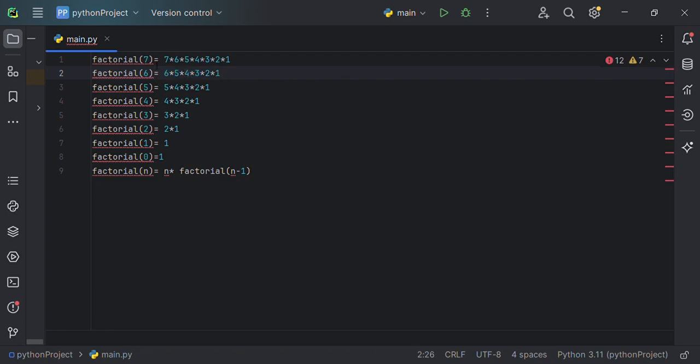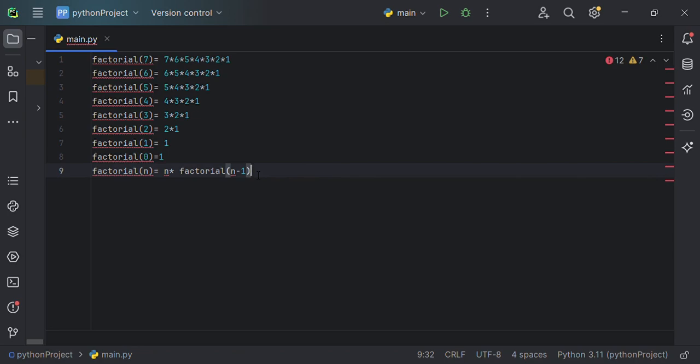So factorial of 7 is equal to 7 multiplied by the factorial of 6, which is exactly the 6 factorial here multiplied by 7. So the answer is totally correct. I can use this formula for factorial, and through this I'll explain the concept of recursion, how we can call a function in itself.